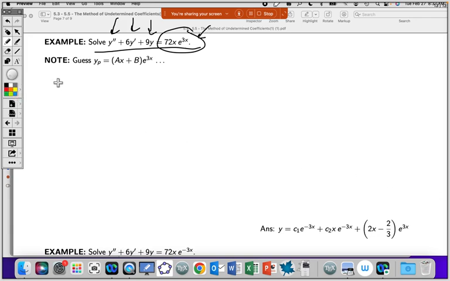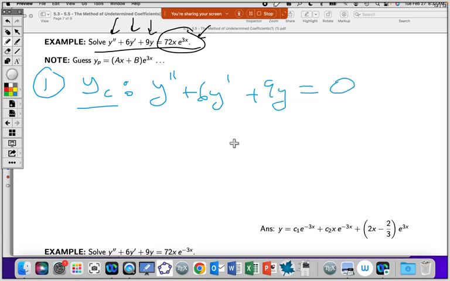So step 1, find the yc. So that's the complementary solution. It's the solution to the homogeneous equation. So what do we get out of this?